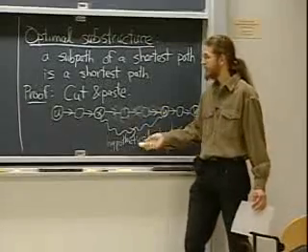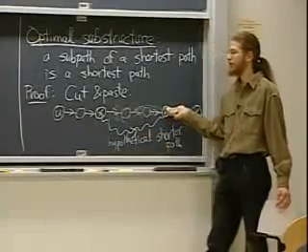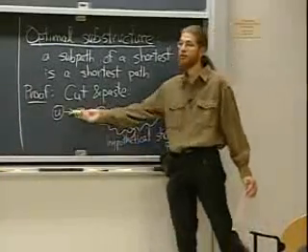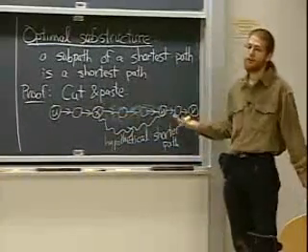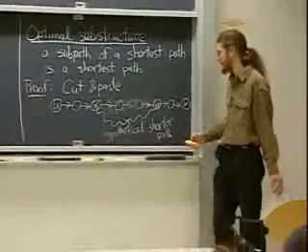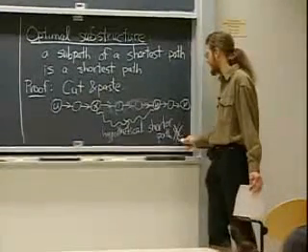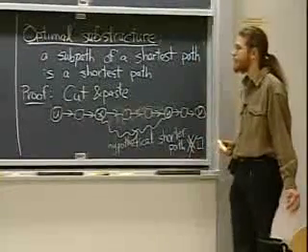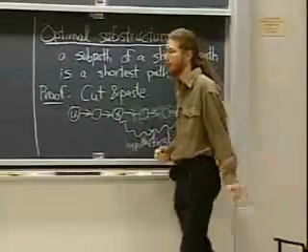If that existed, then I should just cut the old path from x to y and paste in this new one from x to y. It's strictly shorter, therefore I get a strictly shorter path from u to v, but I assumed u to v was the shortest path. Contradiction. Okay, so there is no shorter path, and that proves the lemma that subpaths of shortest paths are shortest paths.